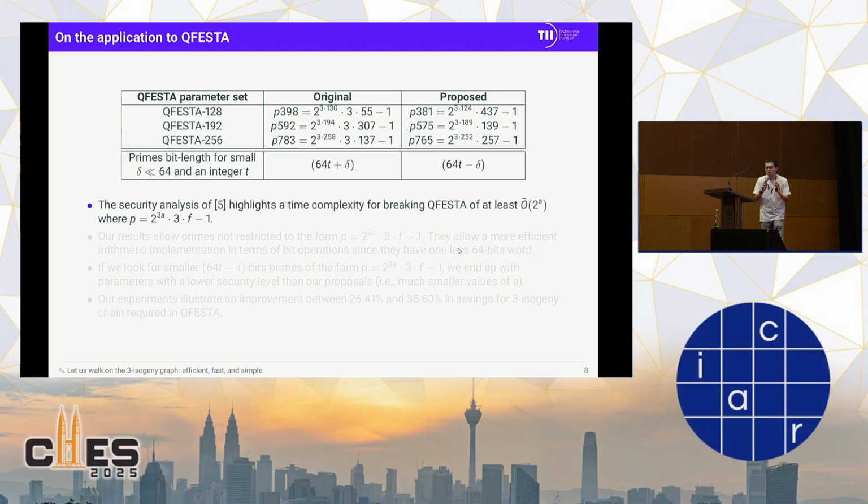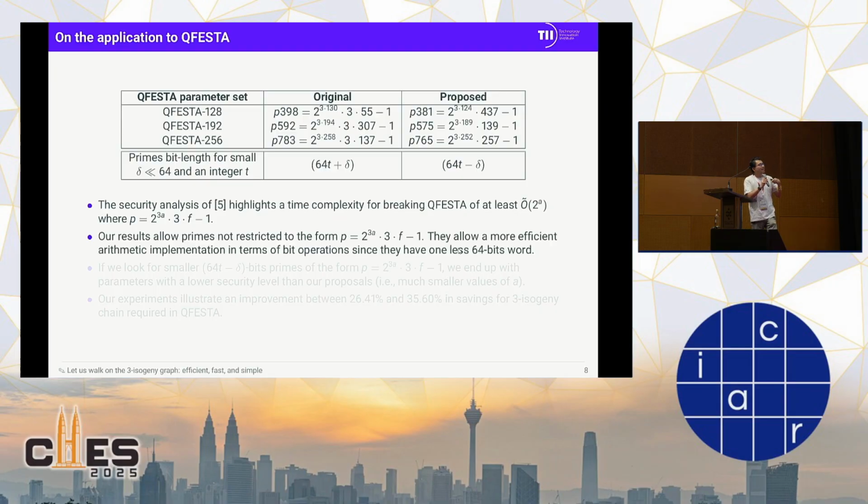They need this extra factor of 3 in p plus 1. But the result just extends. You can remove just the 3, so either you can have it or you cannot. One can try to find primes with this number of bits, but also including the 3. But then you reach smaller sizes of primes, and therefore you reach lower security levels compared with the ones that we are proposing.